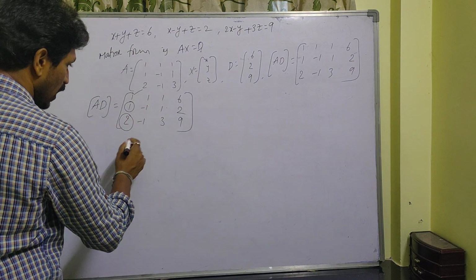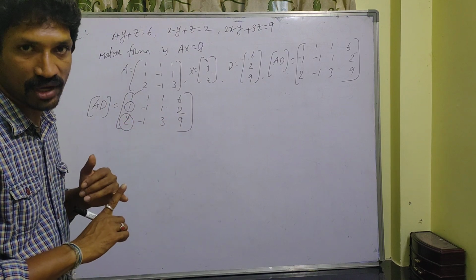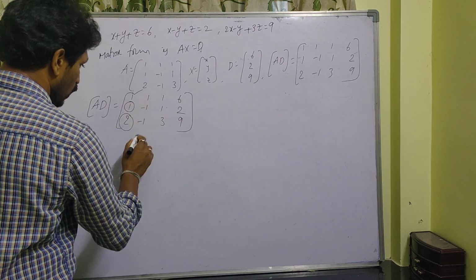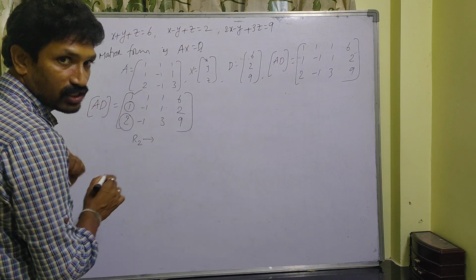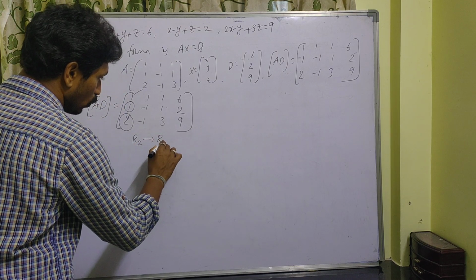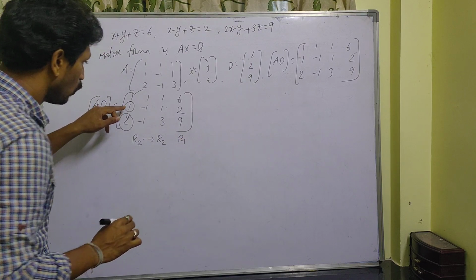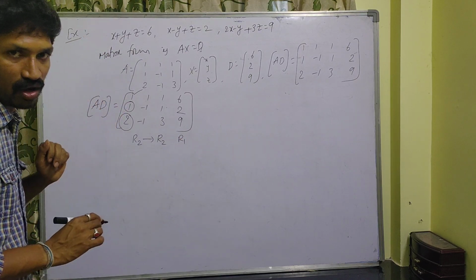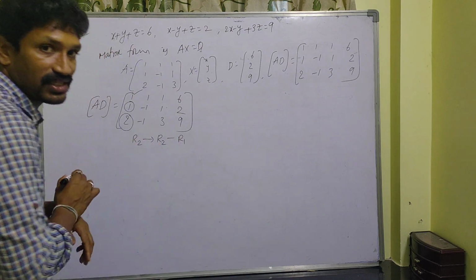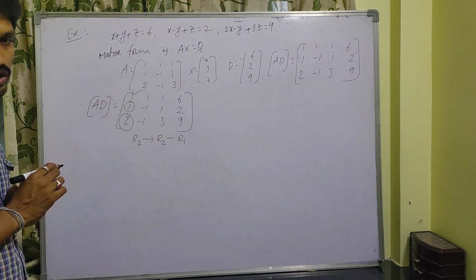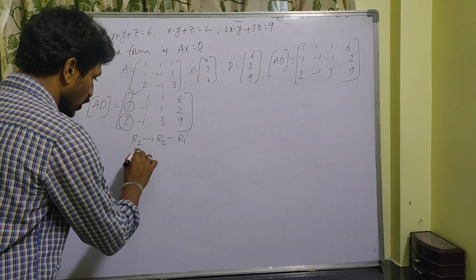Here also we have to use only row operations. The second row is going to change by using the first row. So R2 and R1: both entries are equal and have the same sign, so keep minus. Then 1 minus 1 becomes 0. Next, we change R3.